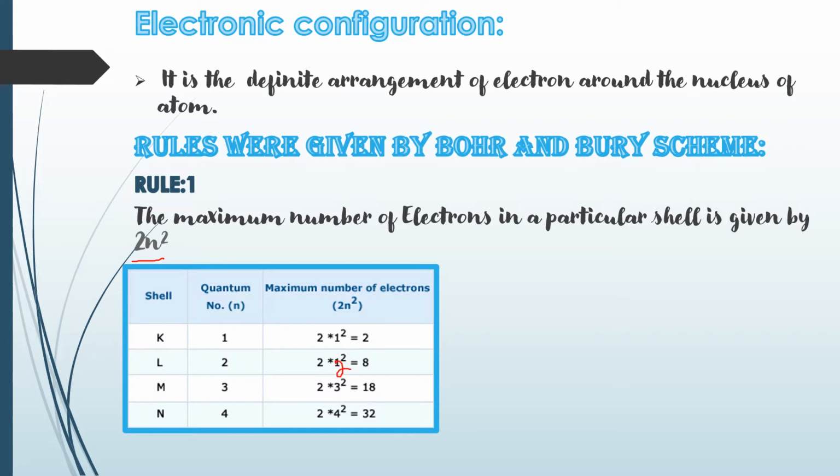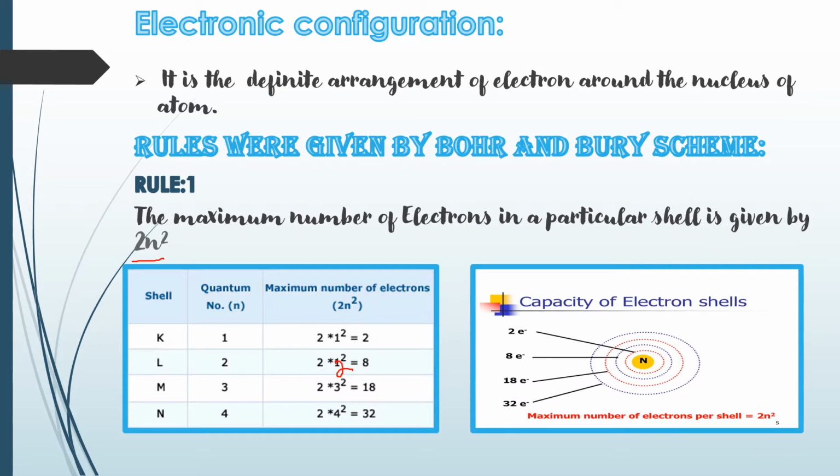For n is equal to 2, 2 into 2 square is equal to 8. Then for 3, 2 into 3 square is equal to 18. And 2 into 4 square is equal to 32. That is, the K shell consists of 2 electrons, the L shell consists of 8 electrons, the M shell consists of 18 electrons and the N shell consists of 32 electrons.